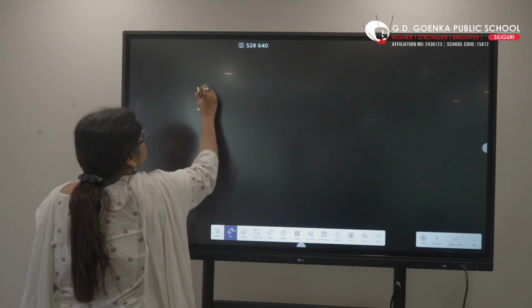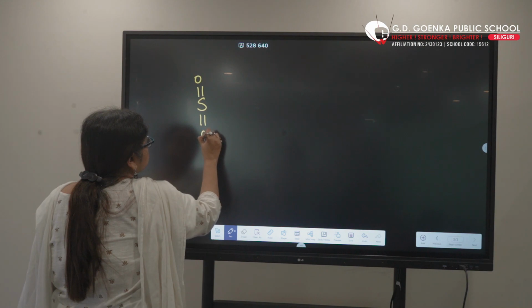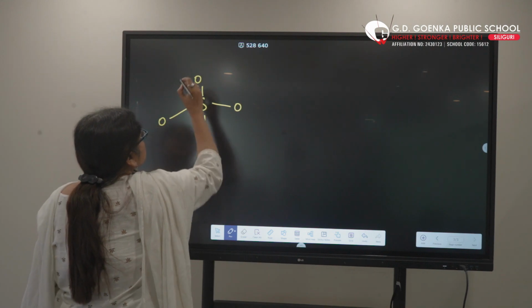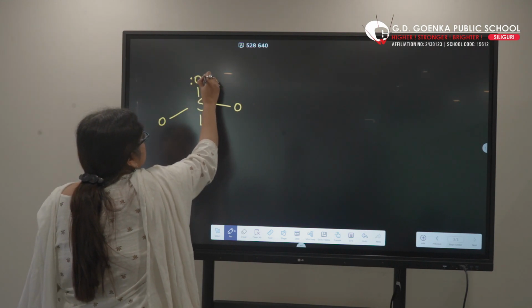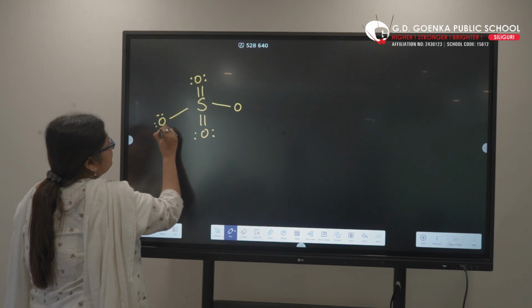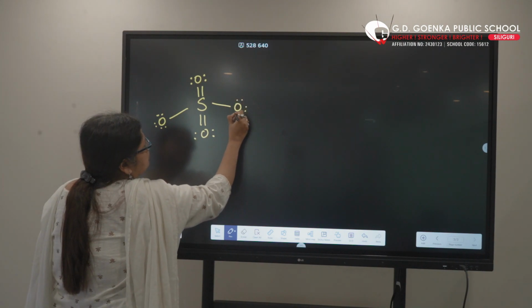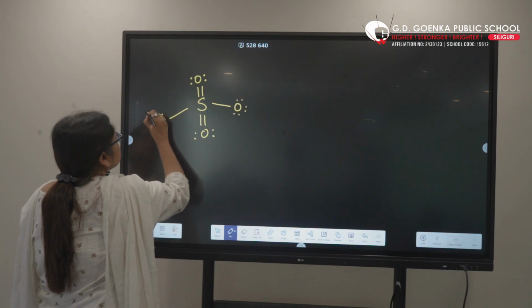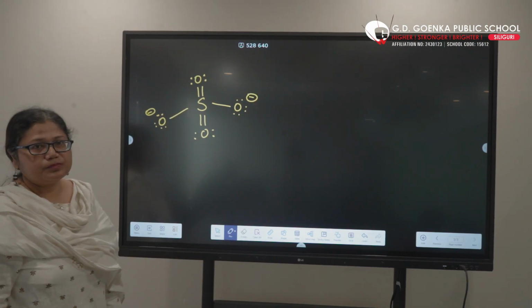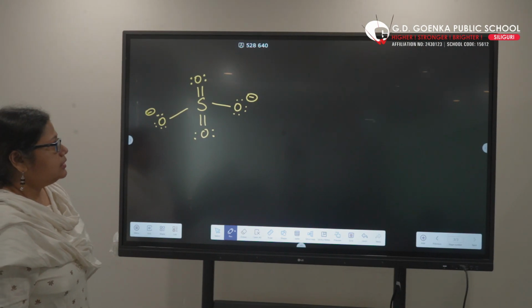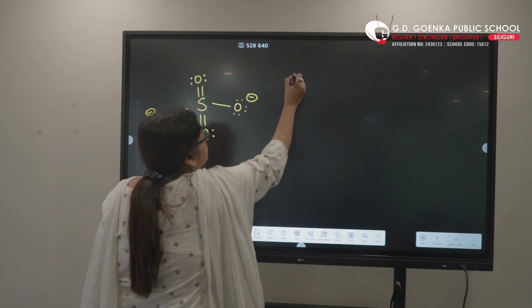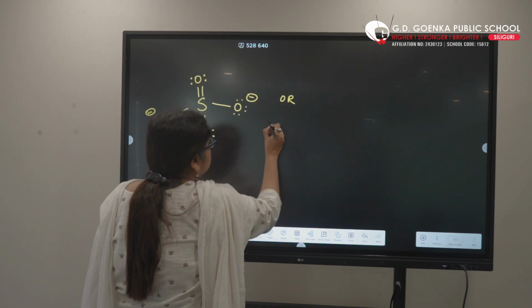Sulfur, in this manner we can draw the Lewis dot structure of phosphorus also, or we can write in this way.